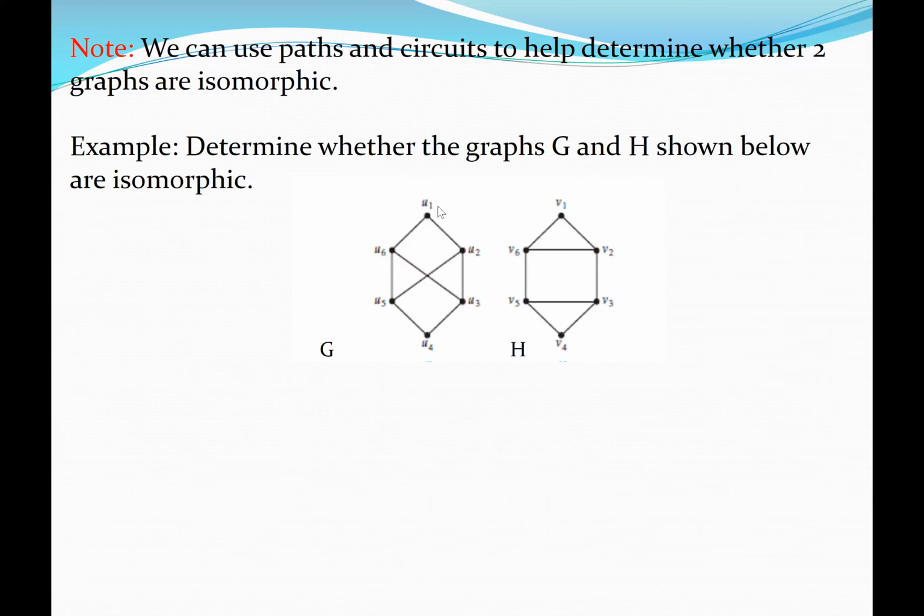So suppose I have this graph G and H right here. You can see that G has 6 vertices, so does H. And then let's see, this one degree 2, this one degree 2, degree 2, degree 2, 3 here.